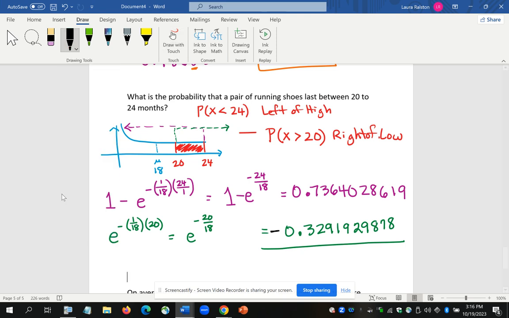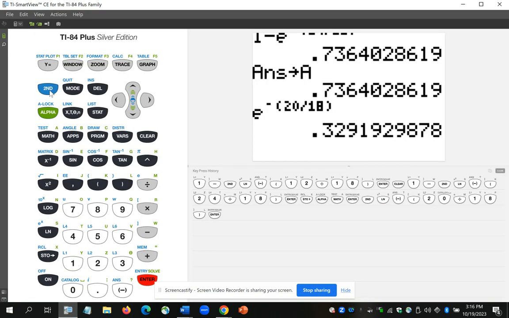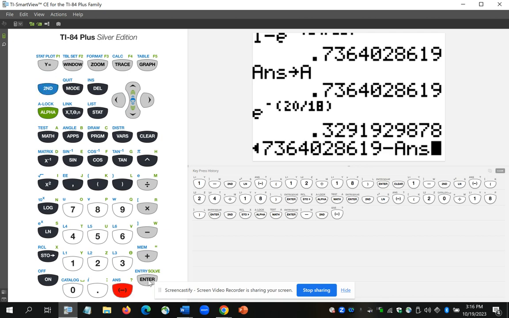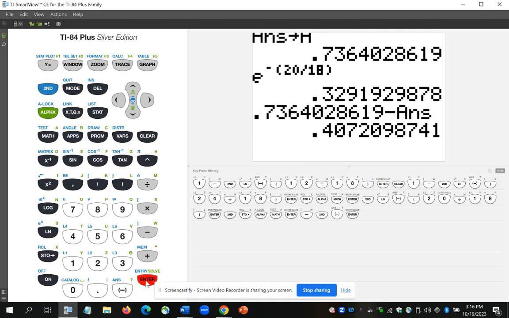We're going to subtract those two numbers to get our final answer. So I'm going to have my calculator recall the one that I stored in its brain, subtract the one that's in its brain now, and we get 0.4072.